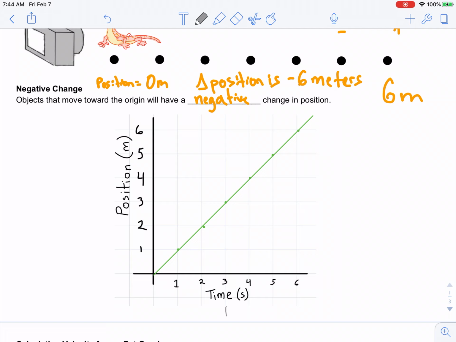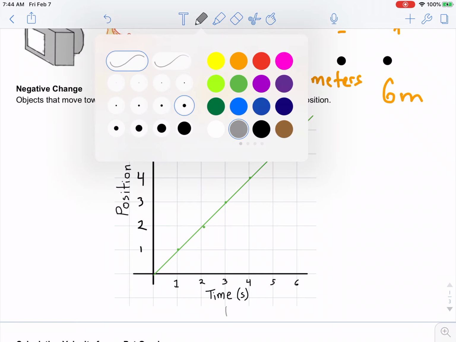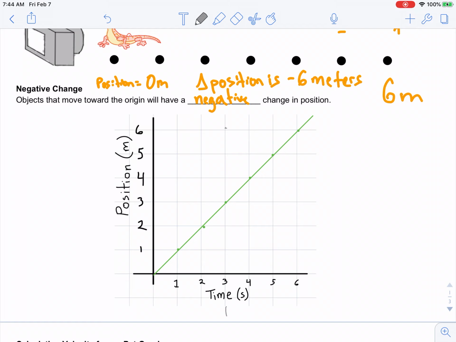So we can fill in the gaps. At 1 second, he was at a position of 2 meters. At 2 seconds, he was at a position of 4 meters. And at 3 seconds, there he was at the 6 meter mark. So he was going a lot faster. And this is his position versus time graph. It looks like that.